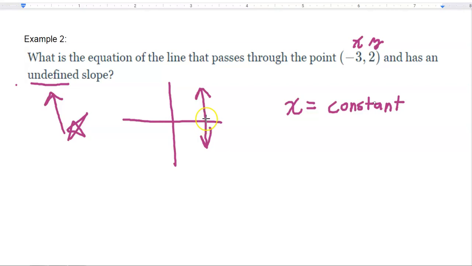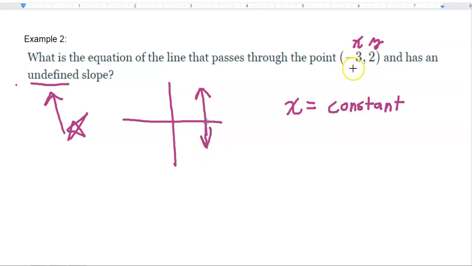So you'd have (4, 0), (4, 1), (4, 2), (4, 3), (4, 4), (4, 5), (4, 6), all the way up and down. You'd have (4, -1), (4, -2), (4, -3), (4, -4), all the way down.